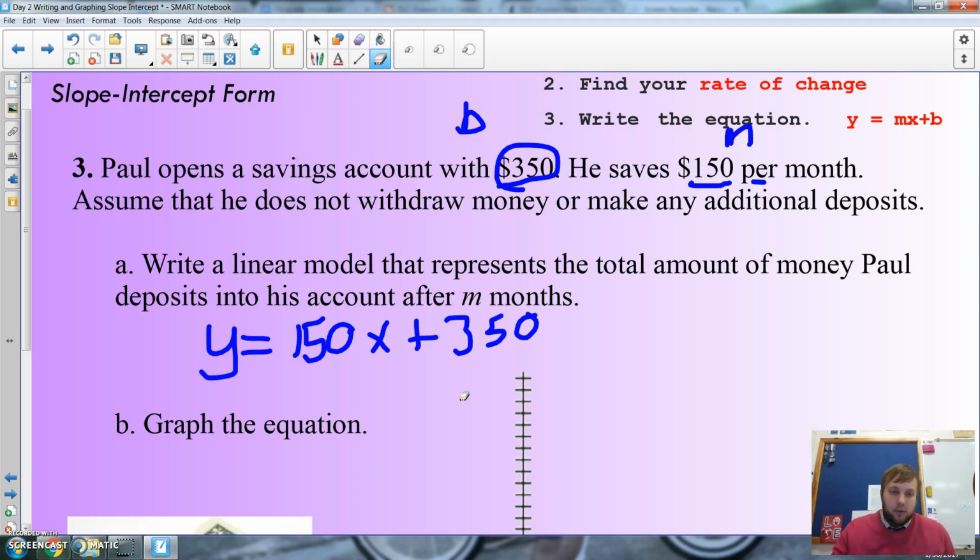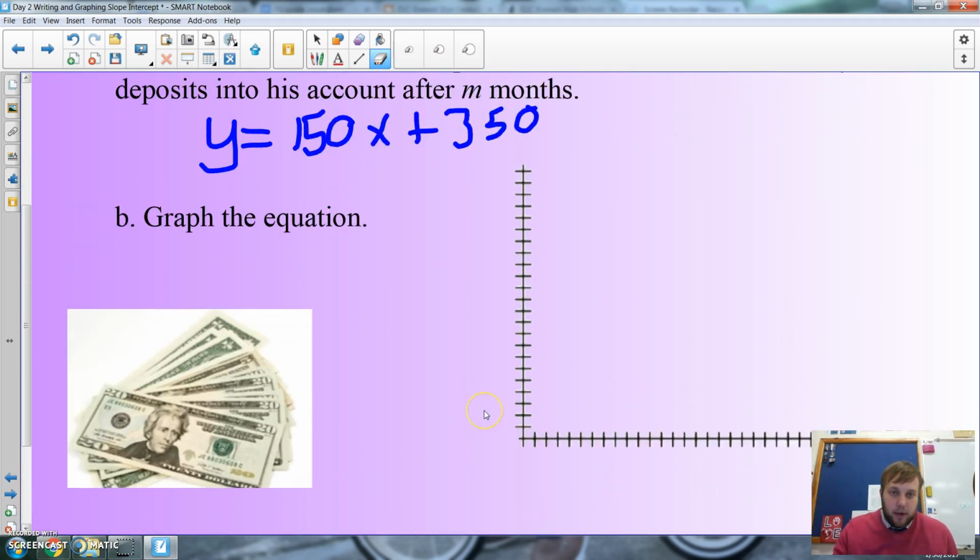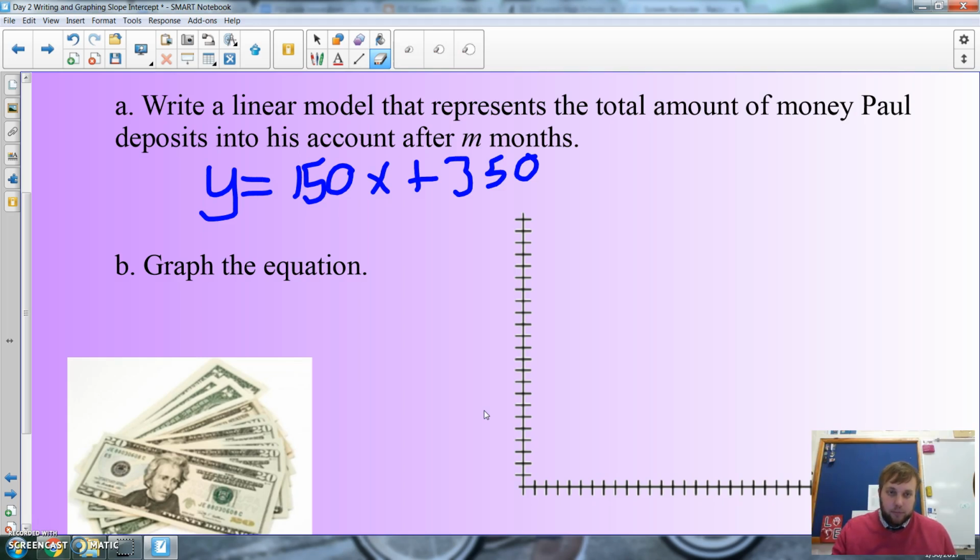Graph the equation. Let's graph that. Since I started at 350, so I may as well make these 50 jaggers. Let's start with 0, 50, 100, 150, 200, 250, 300.